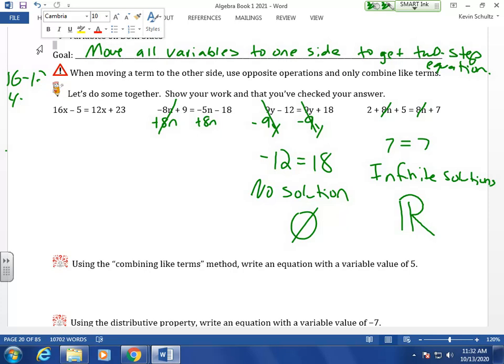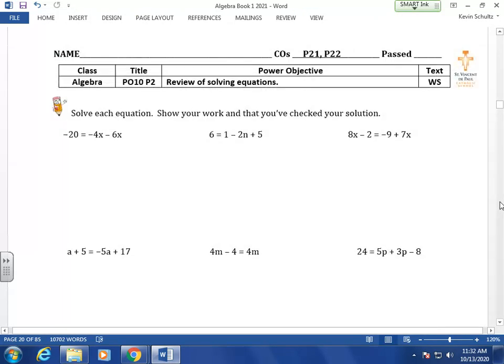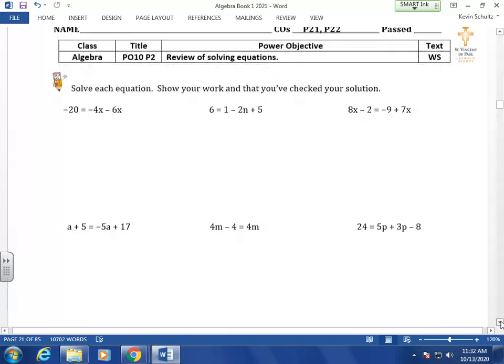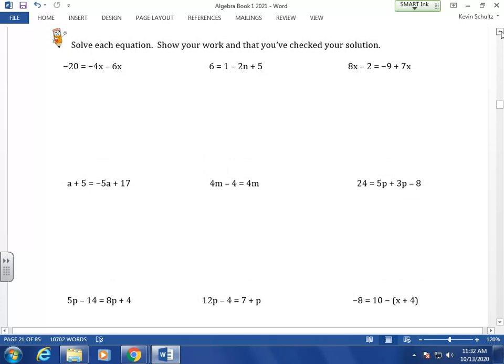Okay. Let's practice some more here. Skip this next section for now, and let's come down to this page. Let's look at the third one in the first row, the one that we skipped over initially. 8x minus 2 equals negative 9 plus 7x.